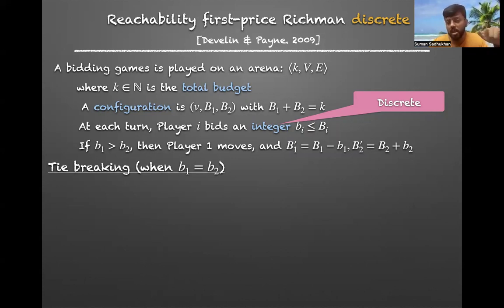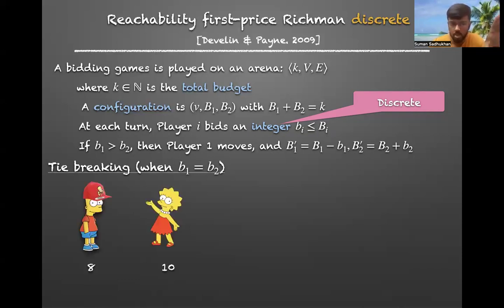But for discrete bidding, the tie breaking is crucial because there are not many bids, it's only integers. Depending on what tie breaking mechanism you choose, the theory varies, and there are some tie breaking mechanisms for which these games are not even determined. So for today's talk, I'll fix one mechanism, which we call advantage based tie breaking.